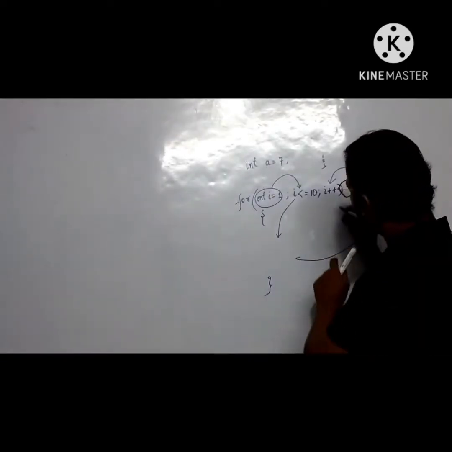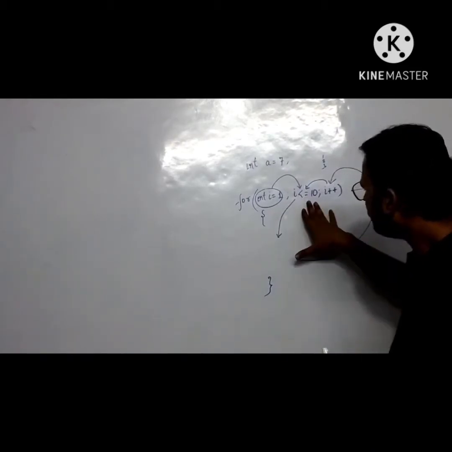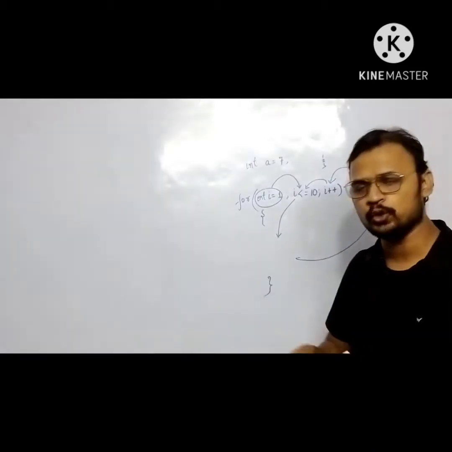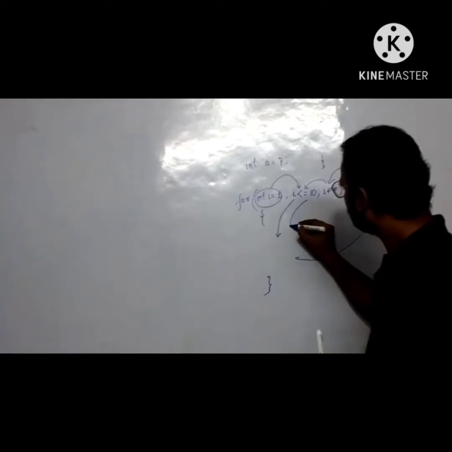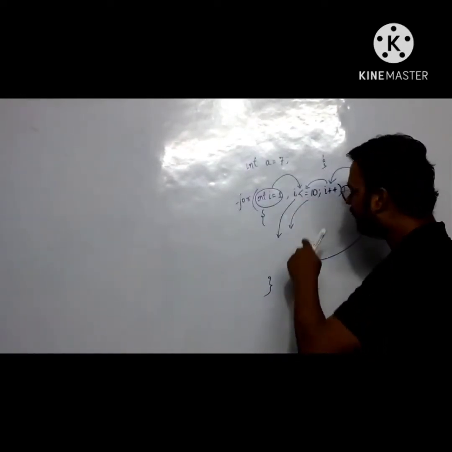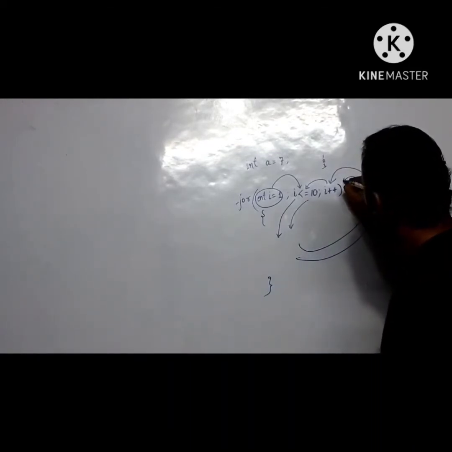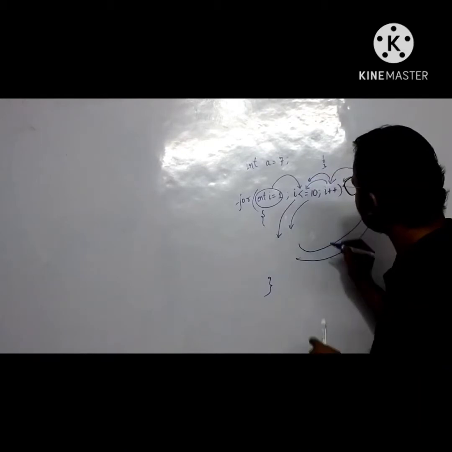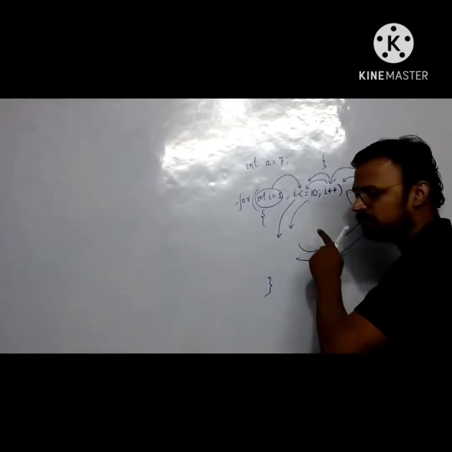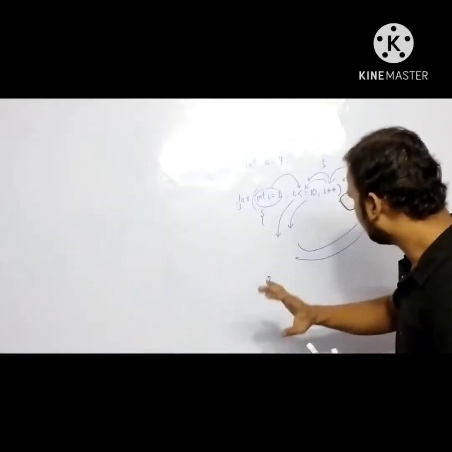And after updating, it again checks the condition. If the condition is again true, it comes back in. See, the first time we move in this direction, but every other time we are just moving this way. Every time updation, every time condition, every time loop body.